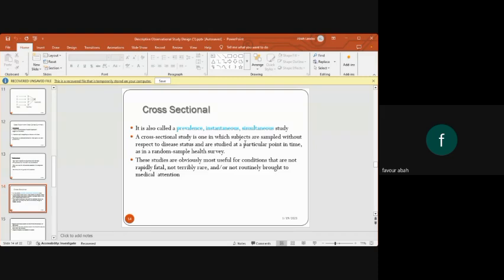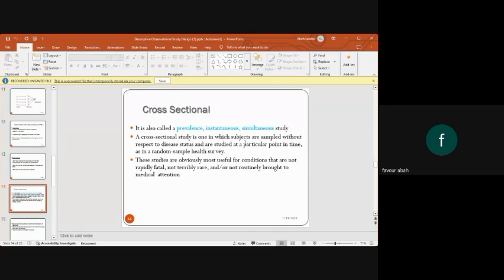One of the major ways they do a cross-sectional study is using questionnaires. I'm sure at one point in time or the other, you must have filled a questionnaire. They're asking you so many questions at the same time. They're ascertaining risk factors, they're ascertaining outcomes at the same time. So it's also called a snapshot.